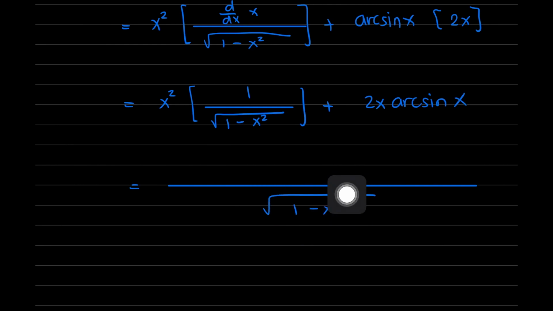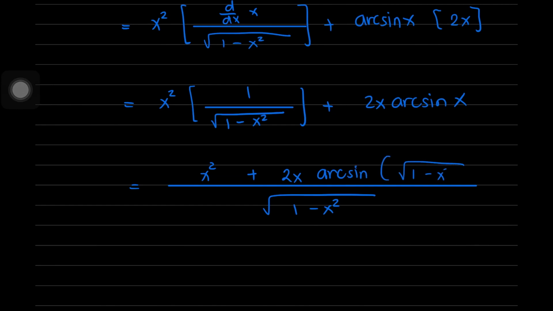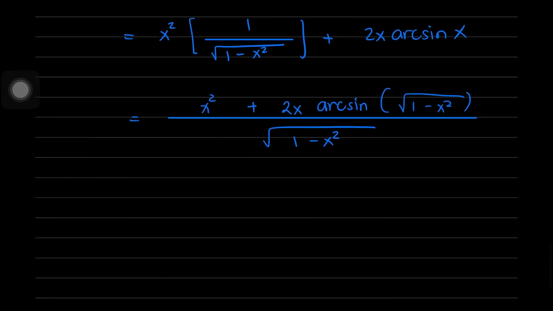So the LCD divided by this term multiplied by x squared would be x squared. And this would be plus 2x arc sine of x multiplied by the square root of 1 minus x squared. If we're going to simplify this any further, we can bring out x.